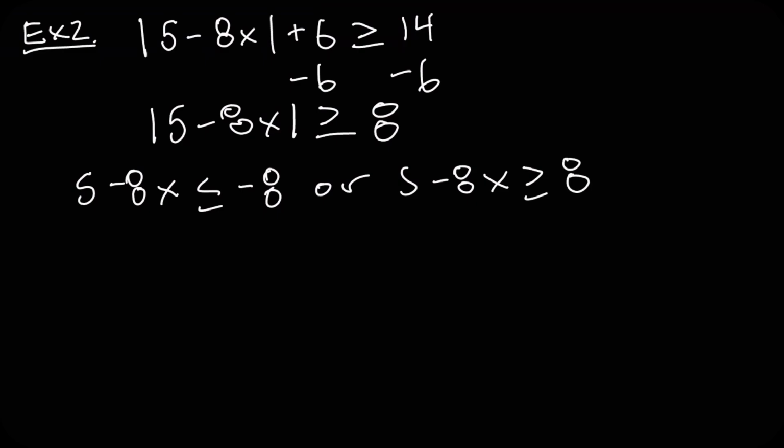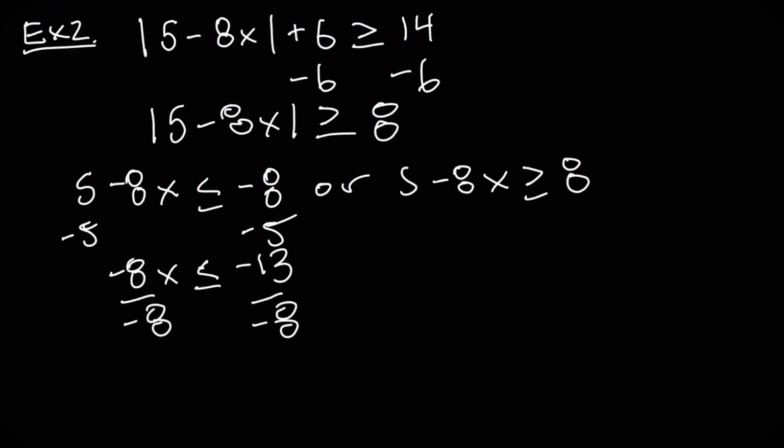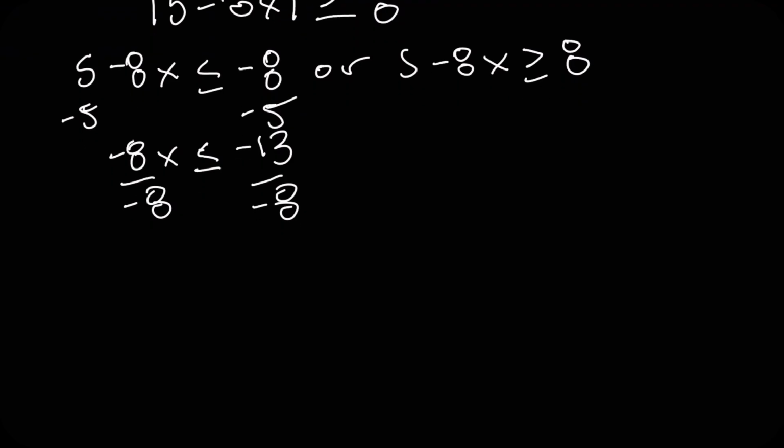Okay, and we can go ahead and deal with our constants here. So we'll have negative 8x is going to be less than or equal to negative 13, divide by negative 8. And since we're dividing by a negative, we do need to flip our signs. So x will be greater than or equal to positive 13/8.